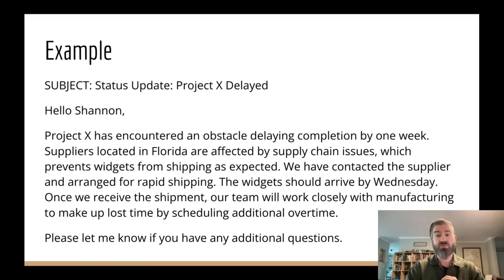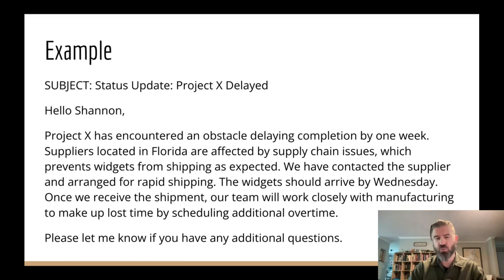However, manufacturing may need to be in on this if we haven't already talked about it, but hopefully we have, because I've said here that we're going to work closely with manufacturing. So this is probably it. I probably don't need to include Shannon's boss because she can convey that information as she sees fit. So again, just another consideration as we think about audience composition, and what we need to include.